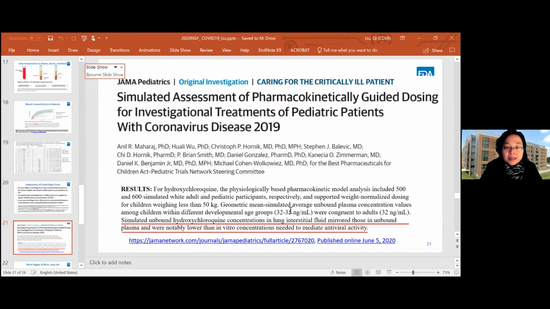They realized the exact same problem as we did and concluded that the simulated unbound hydroxychloroquine concentration in interstitial fluid mirrored those in unbound plasma concentration and were notably lower than the in vitro concentrations needed to mediate antiviral effect. Therefore, the in vivo concentration under safe hydroxychloroquine dosing is too low to have antiviral effect. Remember, this conclusion is already based on the lowest EC50 value of 0.72 micromolar.